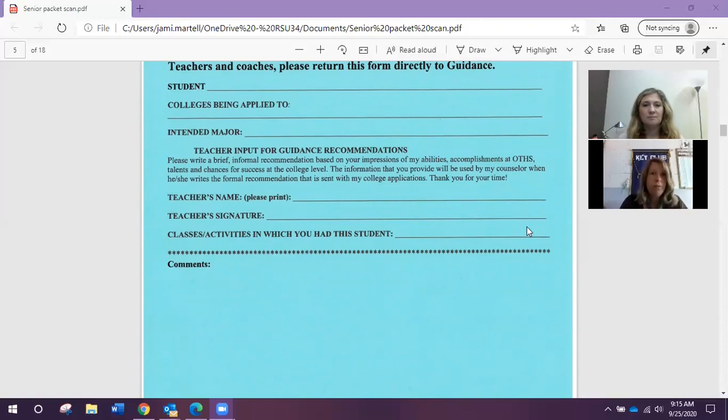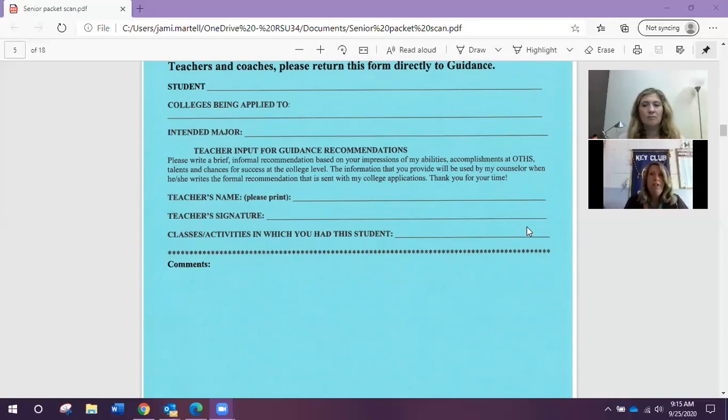You could put undecided. Colleges being applied to, you could put undecided as well. And then where it says teacher input for guidance recommendations, the teacher will fill that out. After you give this to a teacher, you will not see it again. It will go directly to us, but you can check with us to see if we've received these.